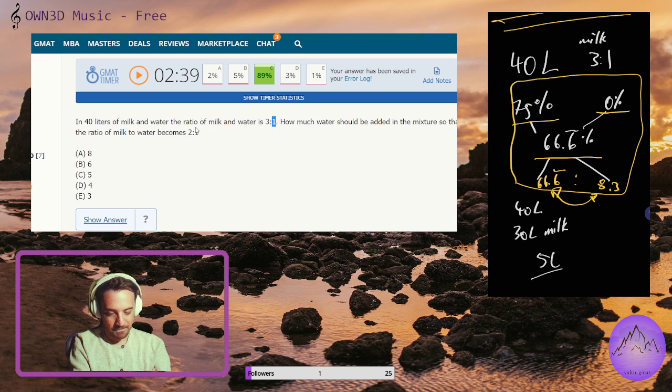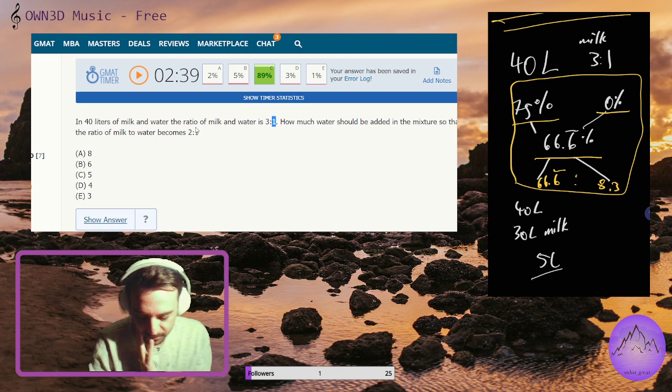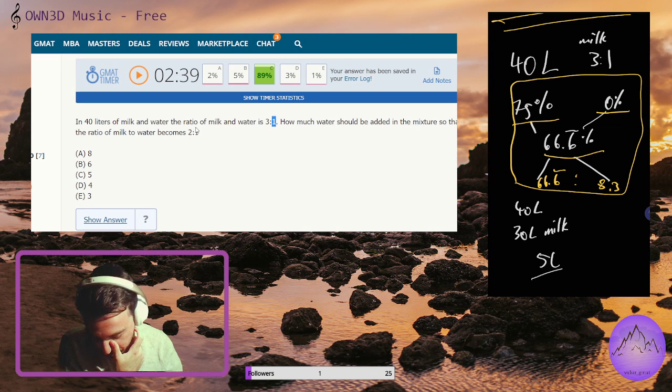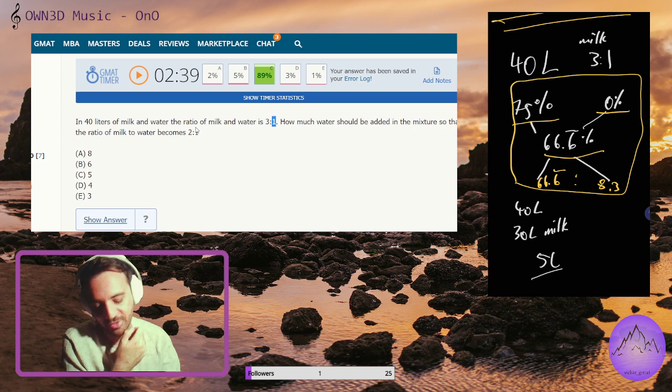Sorry, no. This is the ratio of milk to water. Well, sorry, no. 66.6% is the milk, and then what we've got down here is how much, that's what it was.